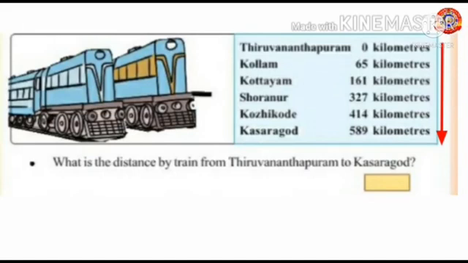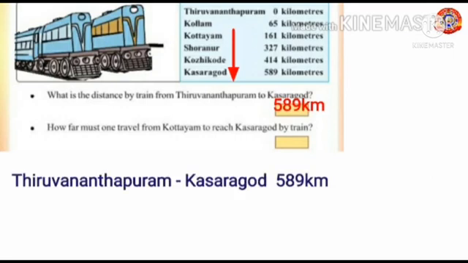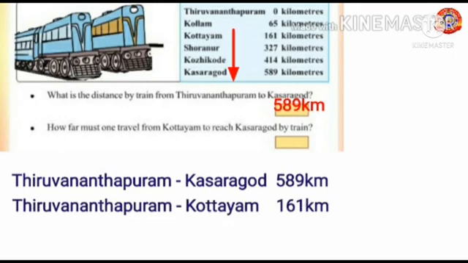Yes, 589 kilometers. How far must one travel from Kottayam to reach Kasaragod by train? See, the distance from Thiruvananthapuram to Kasaragod is 589 kilometers. And the distance from Thiruvananthapuram to Kottayam is 161 km.